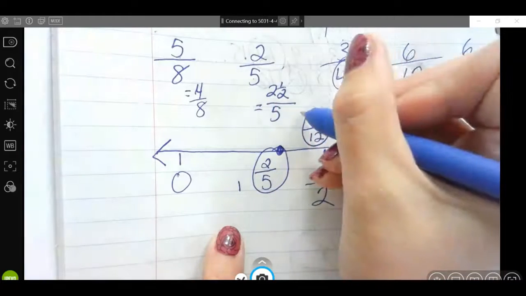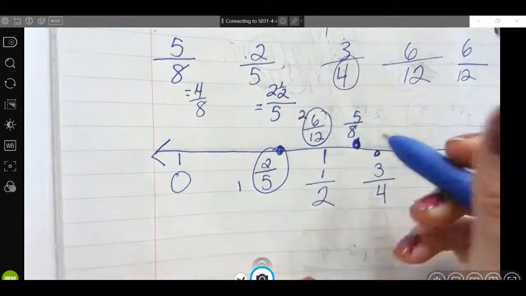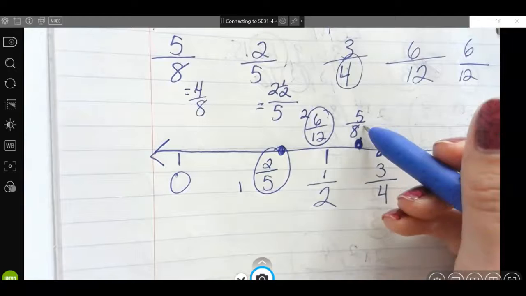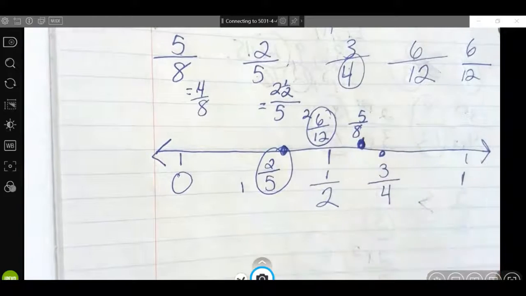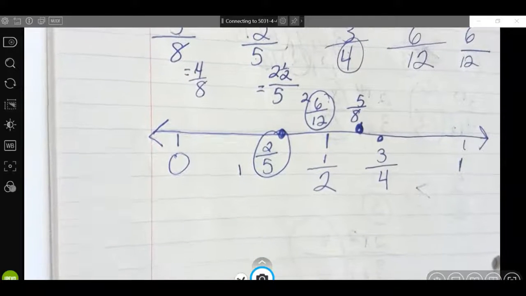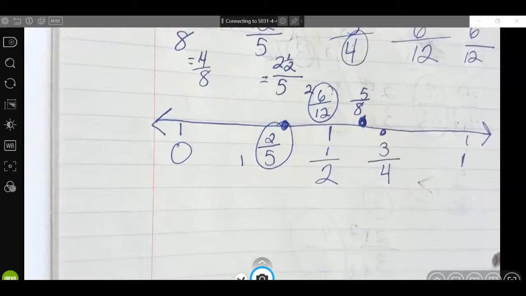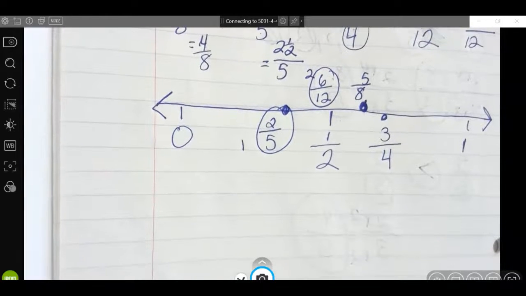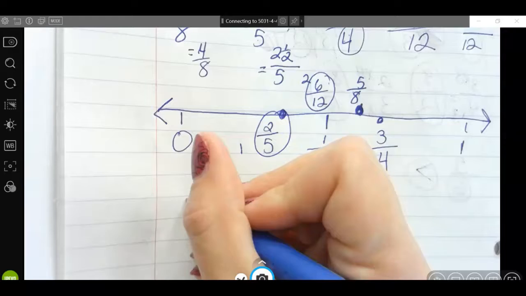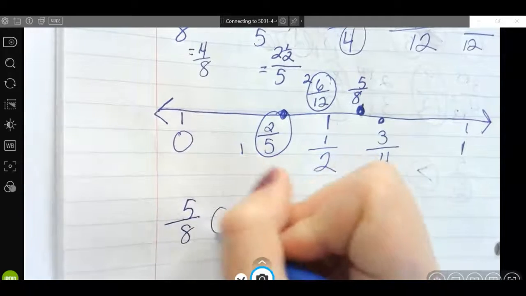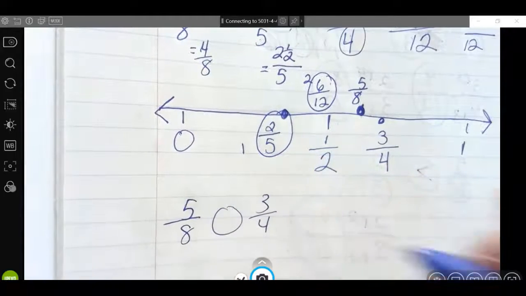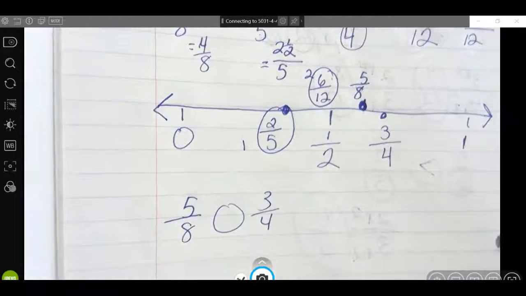Then we have 6/12. We just have to make certain that 5/8 and 3/4 are in order. We have to compare them. So what do we have to do to compare 5/8 and 3/4? Rylan? Put them next to each other. What do I have to do with the 4?